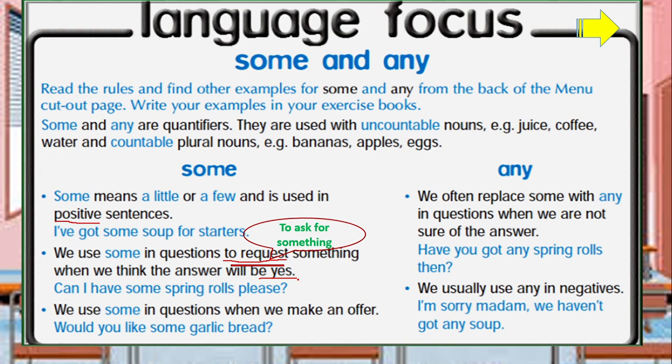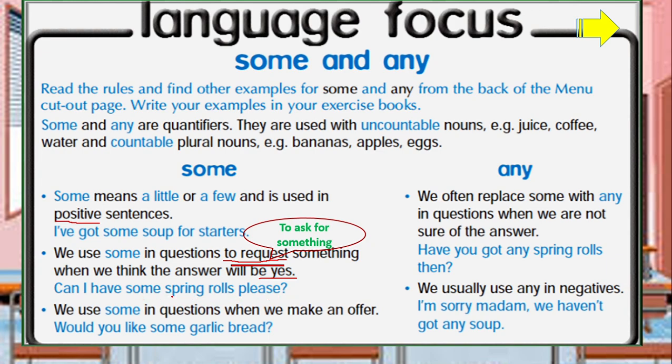If you think the answer is yes, then use some in the question. If you think the answer is no, you have to use any in the question. But if you think your request, what you are asking for, is possible, then we have to use some. Can I have some spring rolls, please?